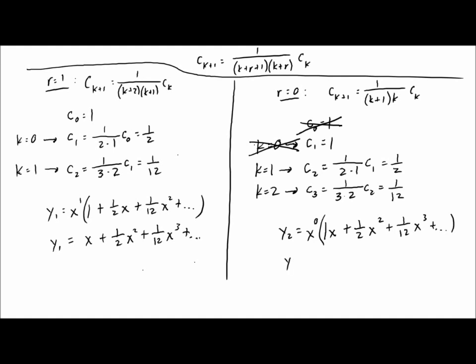And my y2, if I just basically said, oh, x to the 0 is 1, I get x plus 1/2 x squared plus 1/12 x cubed plus dot, dot, dot. I'm getting the same solution both times, which is fine. I mean, it's not optimal, right? It's a second order differential equation.